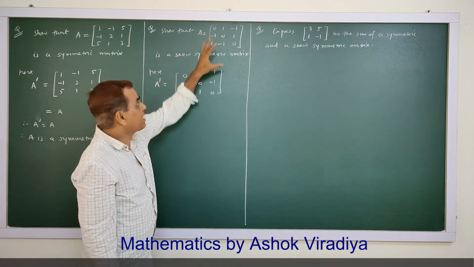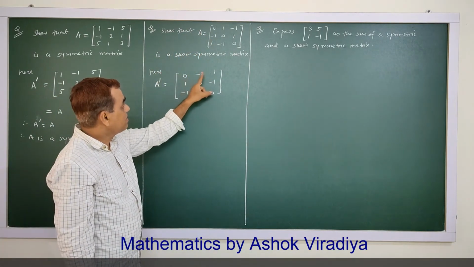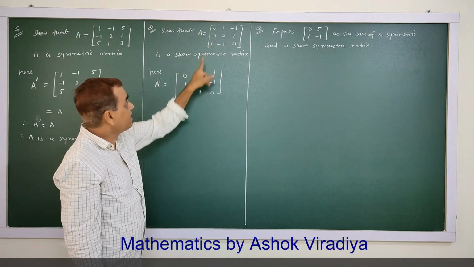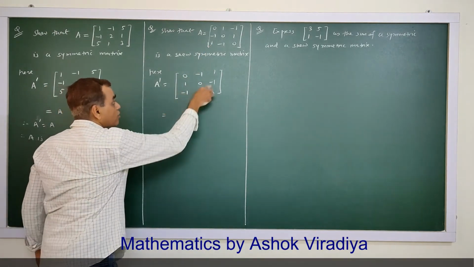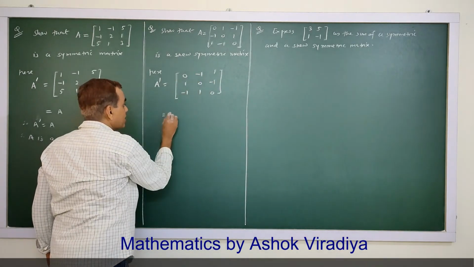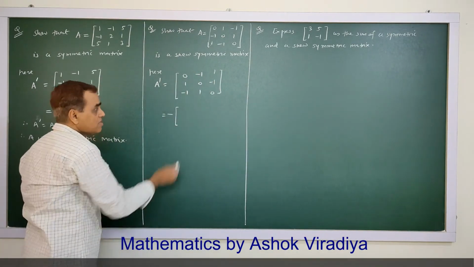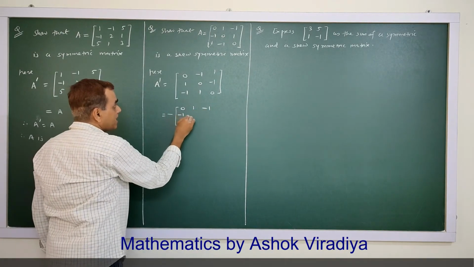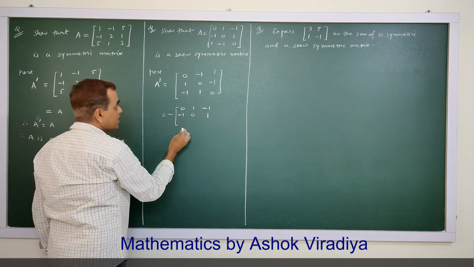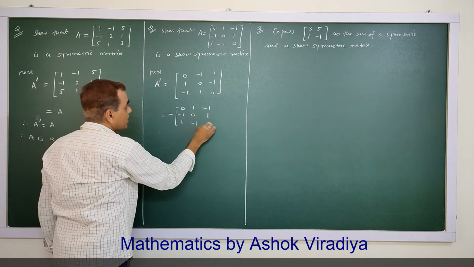Now look at these 2 matrices. In every entry, the sign is opposite. So what we do? We take a minus common from all these entries. So taking minus common, 0, 1, minus 1, minus 1, 0, 1, 1, minus 1, 0.